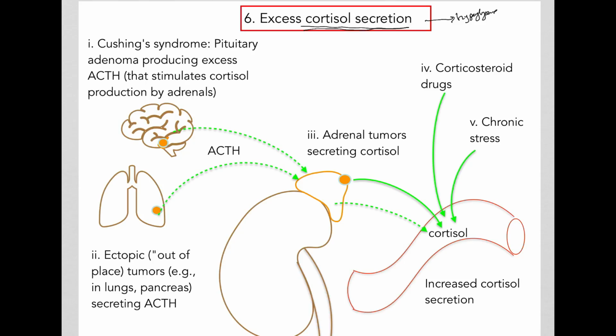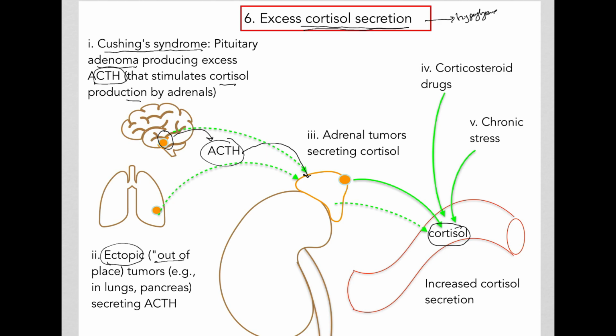So for example, in the disease Cushing syndrome, again, there is a tumor that's producing excess ACTH. So this is a pituitary tumor that's making a lot of ACTH. Now, ACTH will go to the adrenal cortex and stimulate cortisol secretion. So this is going to lead to high amounts of cortisol in your bloodstream. Similarly, there are tumors called ectopic tumors.